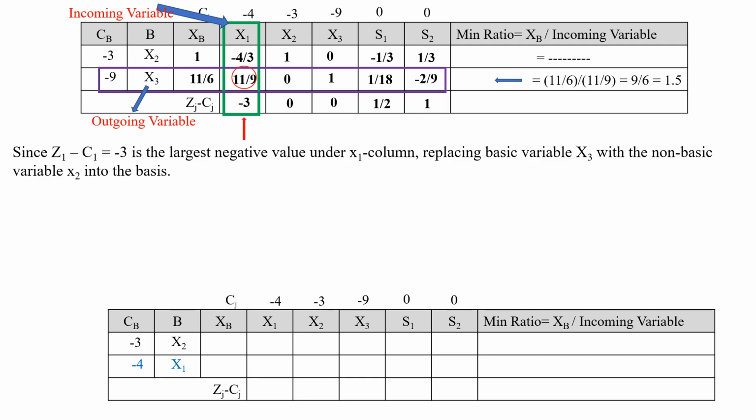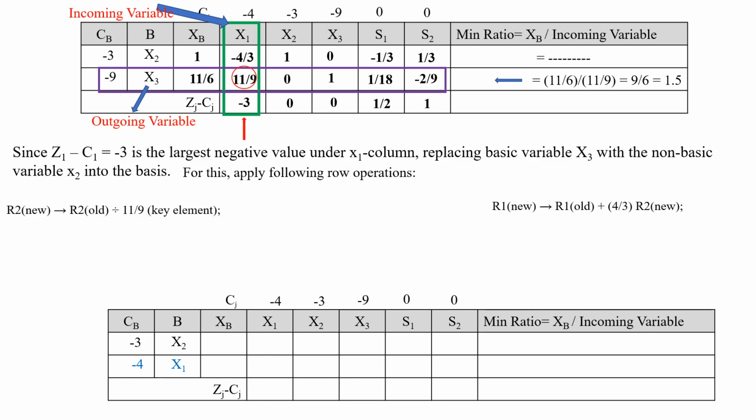Next, we modify the remaining values by the following row operations. The first row operation is R2 new equals R2 old divided by 11 by 9. Here 11 by 9 is the key element. And the second row operation is R1 new equals R1 old plus 4 by 3 into R2 new.